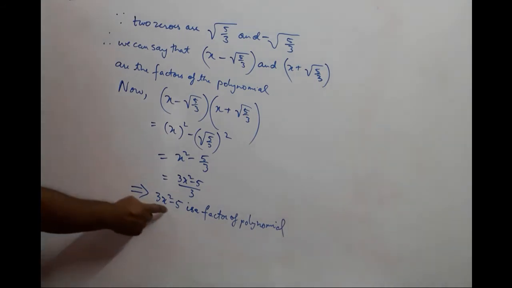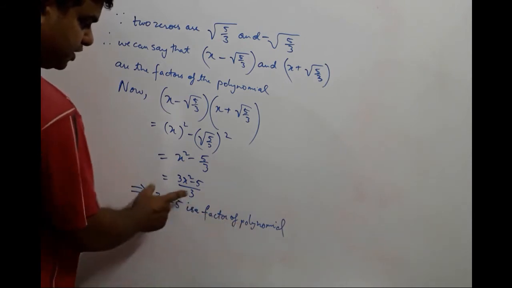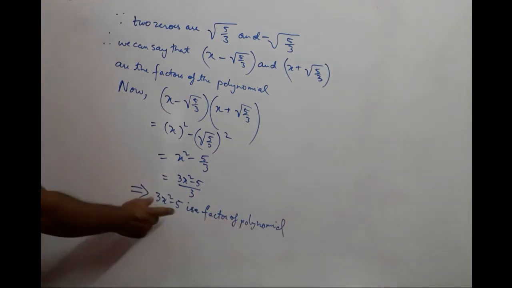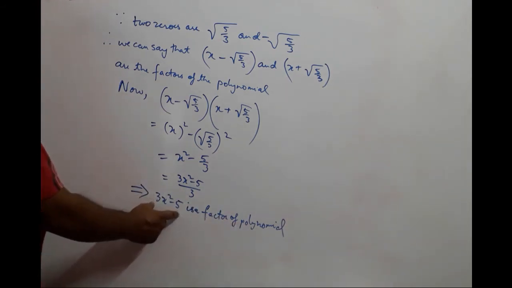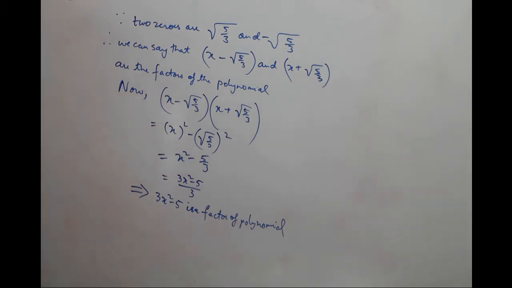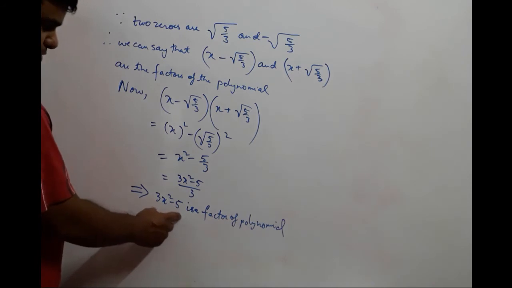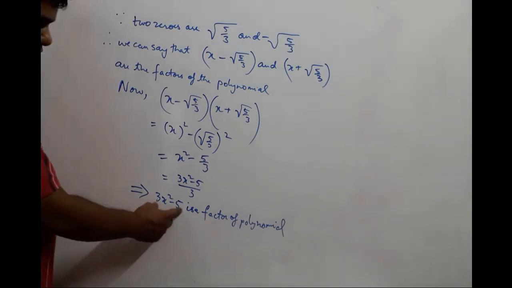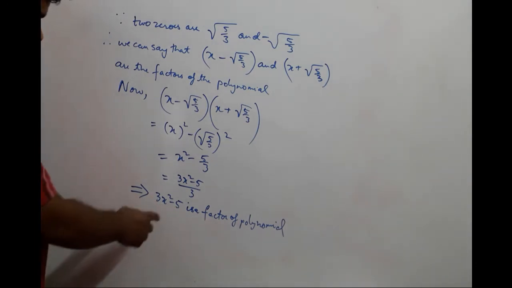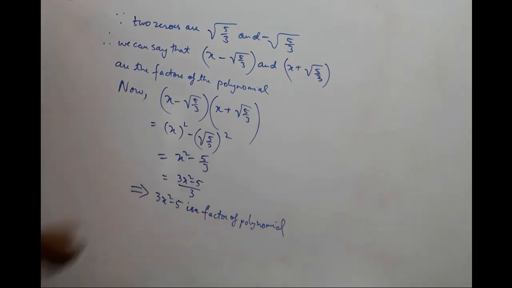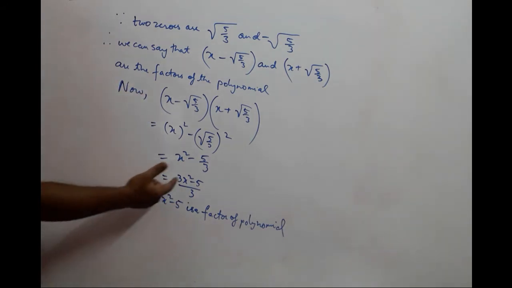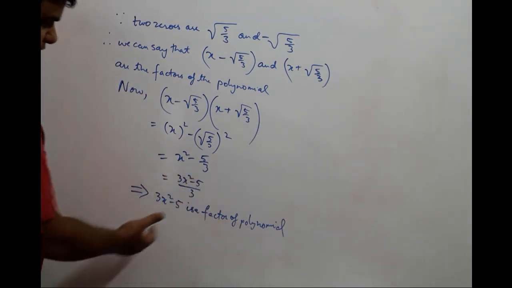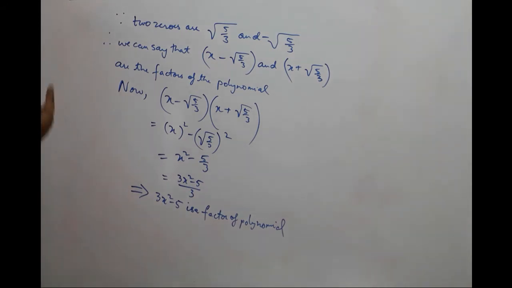Why do we say 3x square minus 5 is a factor and why not 3? For any term to be a factor of the other, it also should be a polynomial, and for a polynomial you need a variable. Here we have two terms, one with a variable, so because it is a polynomial of x, 3x square minus 5 can be taken as a factor of the given polynomial.